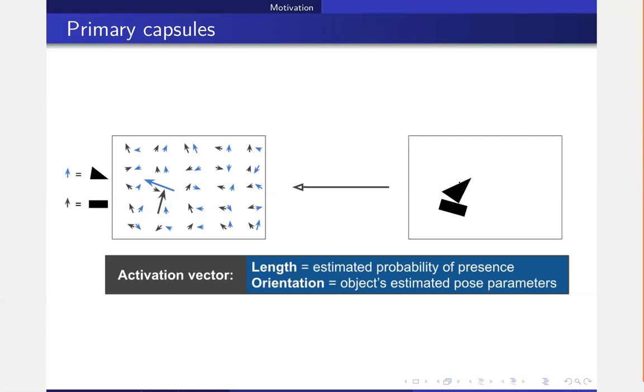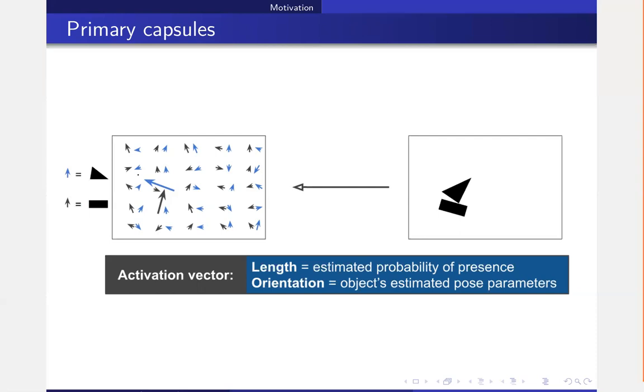For example, I have a boat here with just two simple components to draw this boat. I have a rectangle, and I have this triangle corresponding to the sail. Then for the capsules, you can see I have this blue arrow corresponding to this triangle here, and the black arrow corresponding to the rectangle here.